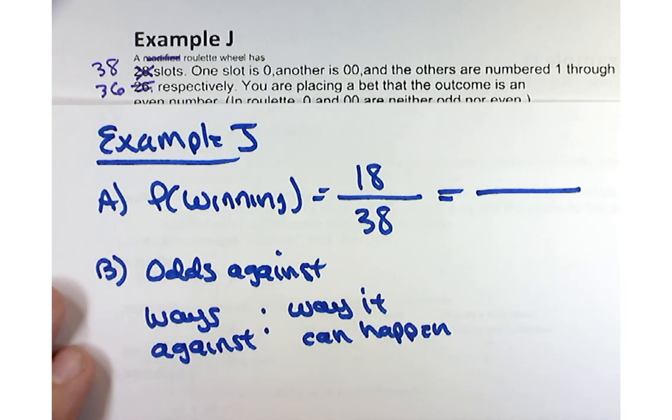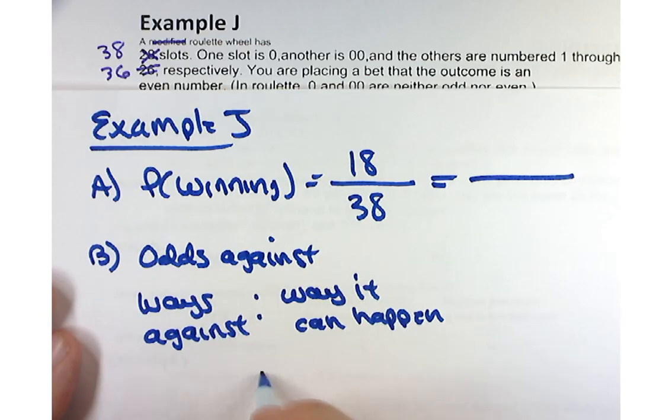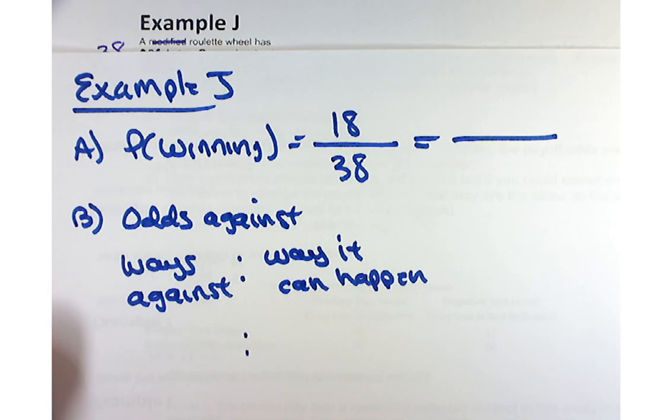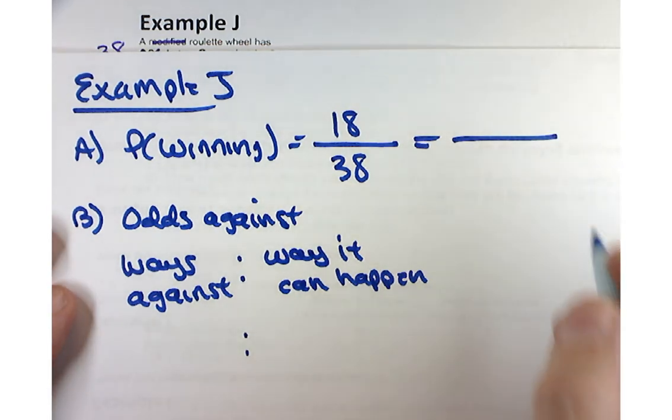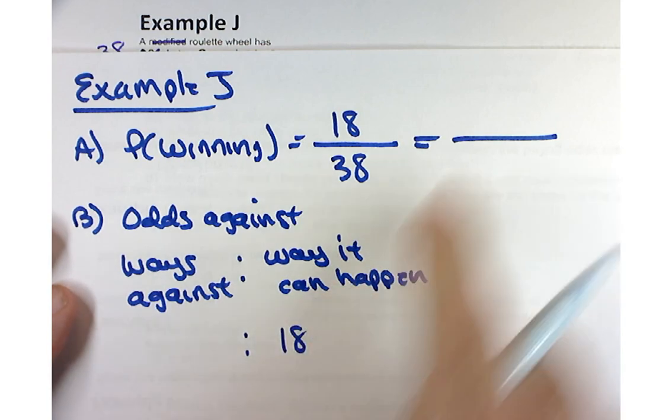So according to our probability above, what are the number of ways that you can get an even number? It's 18 still. That's the number of ways it can happen.